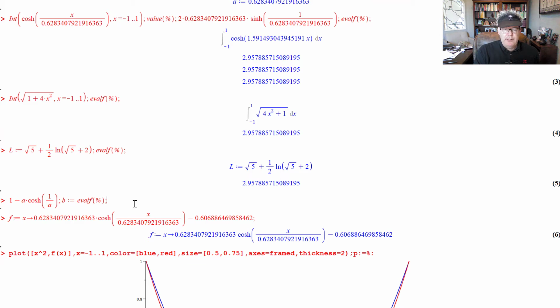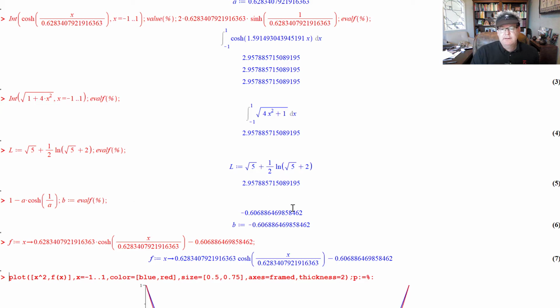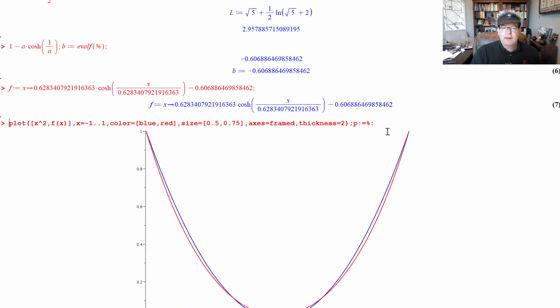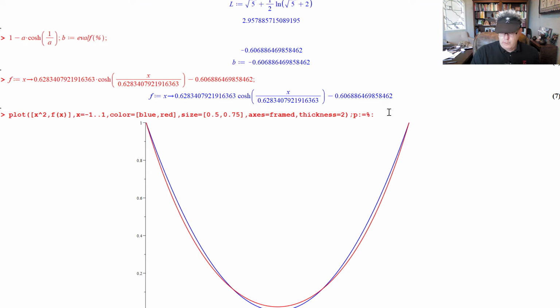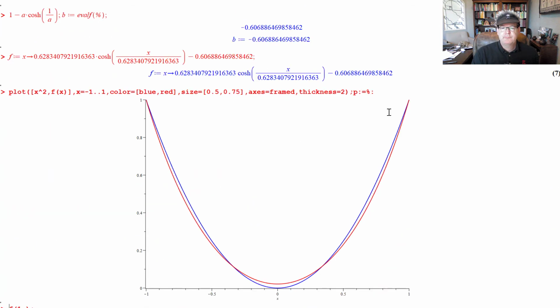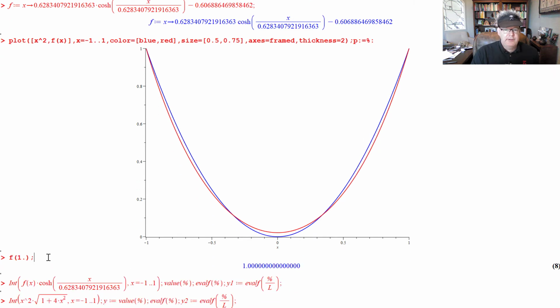I can raise or lower the hyperbolic cosine, and I needed to raise it so that the endpoints were at 1 when x was negative 1 and positive 1. I need the y value to be 1. So that's what this b value does that I solve for. And just to check, if I do f of 1, yeah, it's 1. Checked it. So the red curve has the same length as the blue curve. They match at the endpoints.